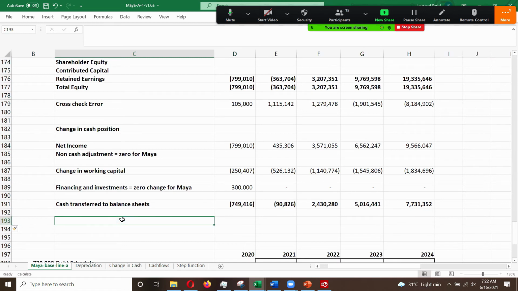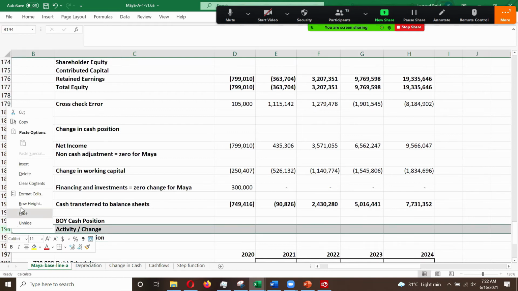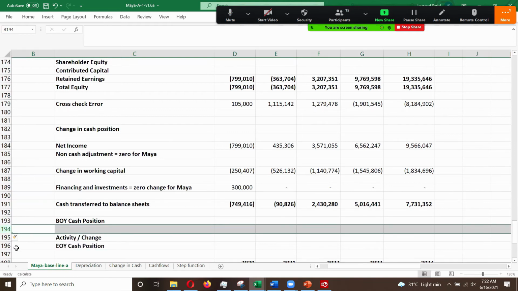The first point is, what was your beginning of year cash position for Maya? Then what was the activity? What was the net change during the year? And then what was your end of year cash position? Does that make sense?